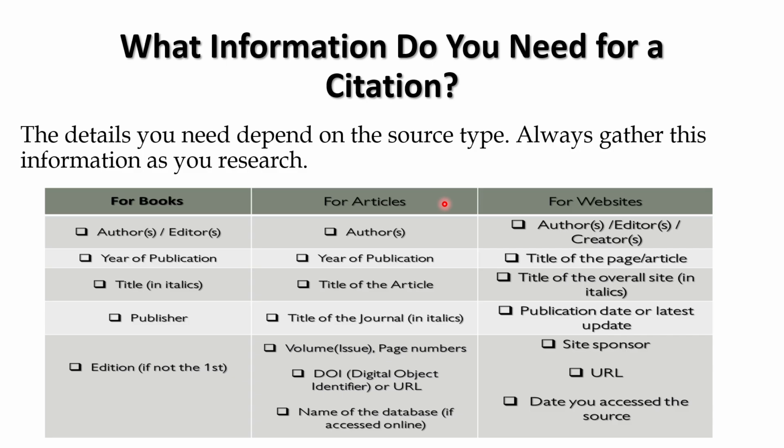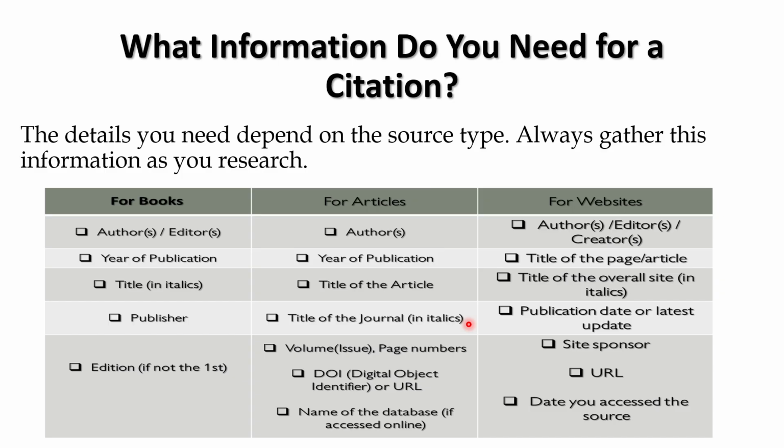Now let's look at journal articles, which are the most common sources you will use in academic writing. Authors or author, same as with books, last name and initials. Year of publication, again required for every citation. Title of the article, this appears in plain text, not italicized, only the first word is capitalized.